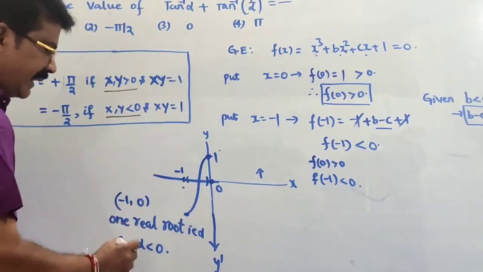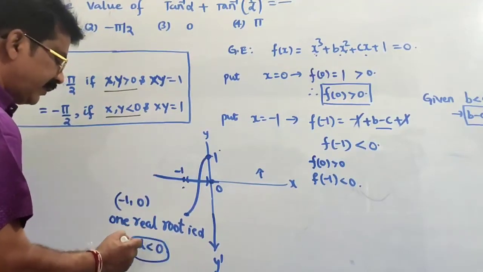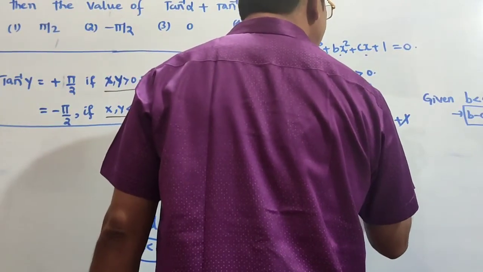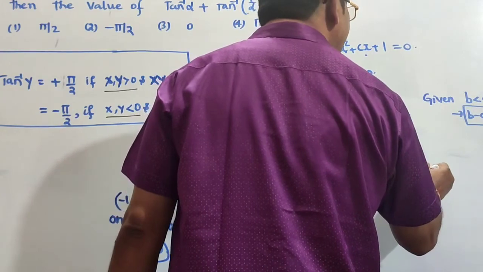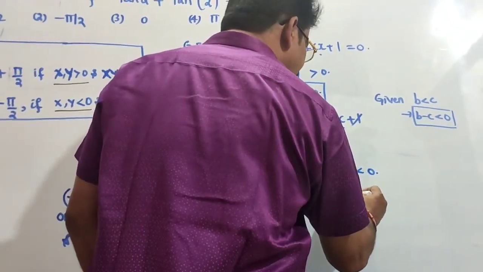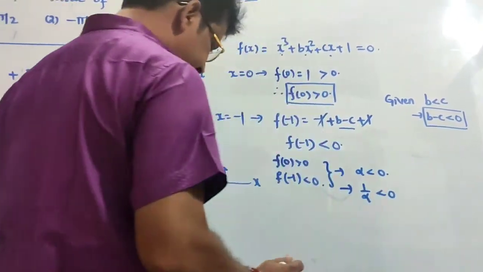So alpha should be negative, it is final. Therefore from the two statements we can say that alpha is negative. Alpha negative means that 1 by alpha is also negative.